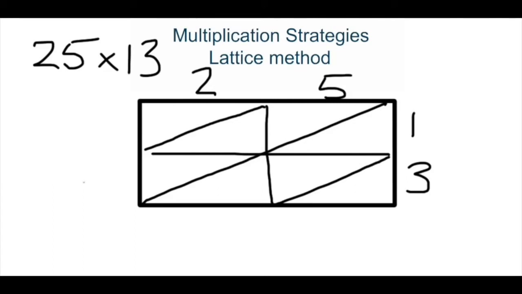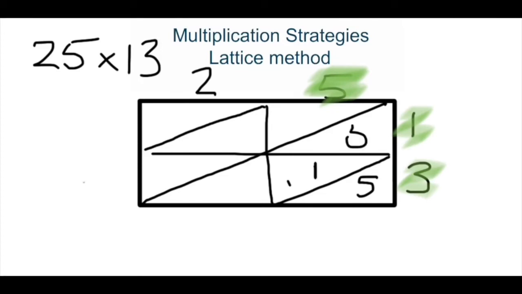Now what we do is we actually times in each of these. So we take 5, we times it by 3, and in this box here, as we know, 5 times 3 is 15. So we put the tens value in the top triangle and the units value in the bottom triangle. Then we do 5 times 1, that's just 5.